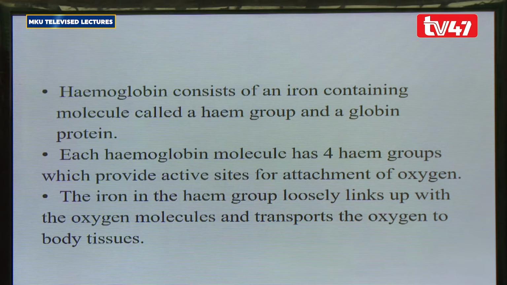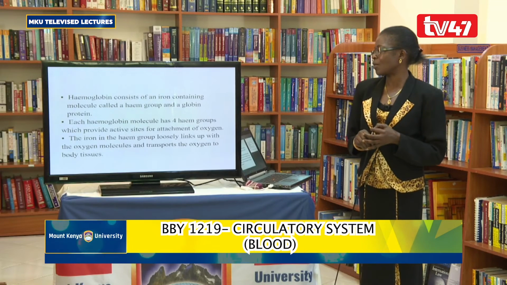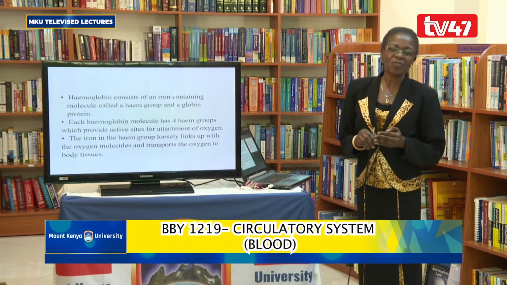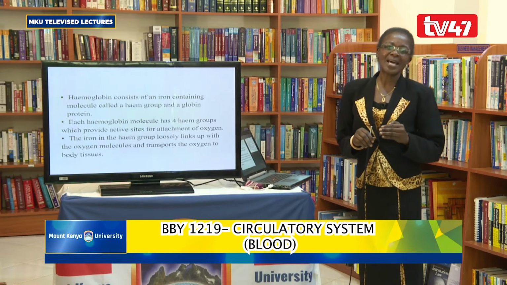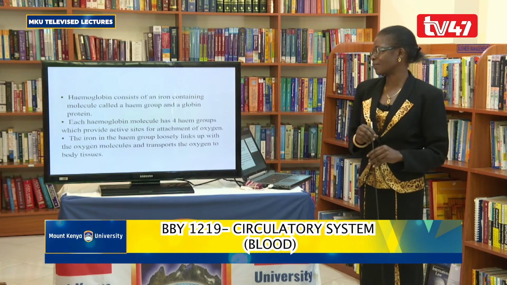We all know iron is an element with many oxidation states, but the one that we find in the heme group is iron 2. Each hemoglobin molecule has the globin protein and 4 of the heme groups. The heme groups provide the sites where oxygen attaches on hemoglobin. So we say, therefore, the heme groups are the active sites for the attachment of oxygen gas.